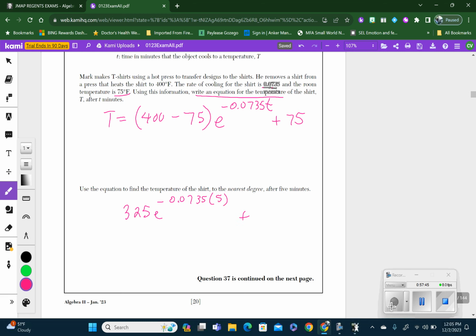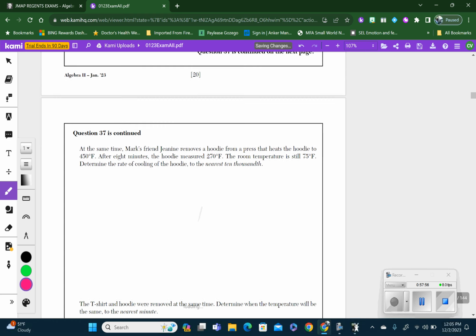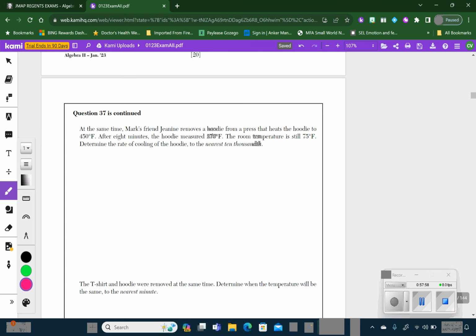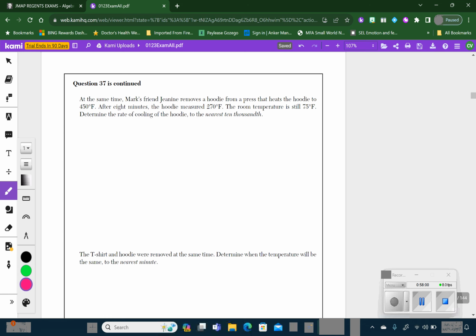And then I plug this into the calculator, hit enter, and this gives me about 300. It says to the nearest degree. Okay, that's 3 points right there.